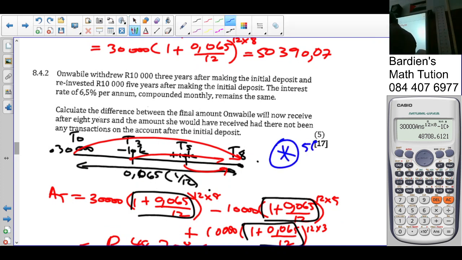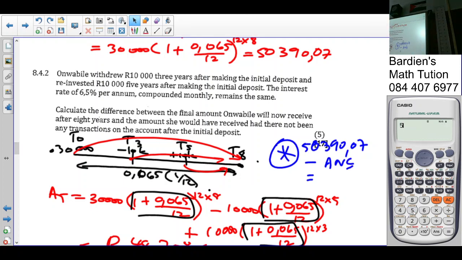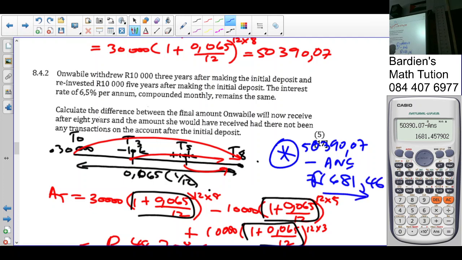So it will be 50,390.07 minus that answer. So she loses 1,681 Rand and 46 cents. That's correct? Any confusion?